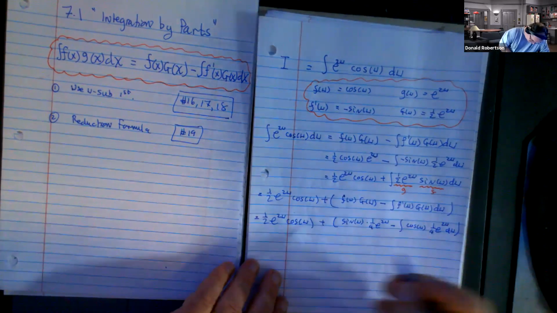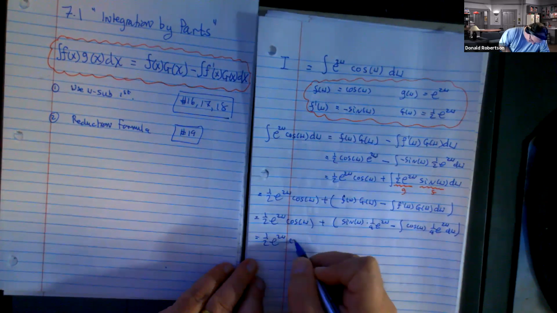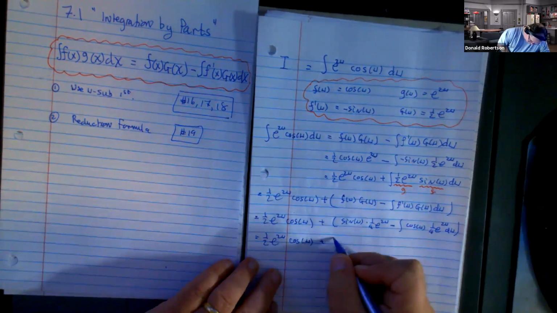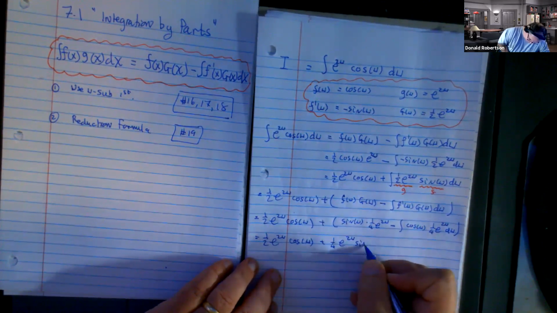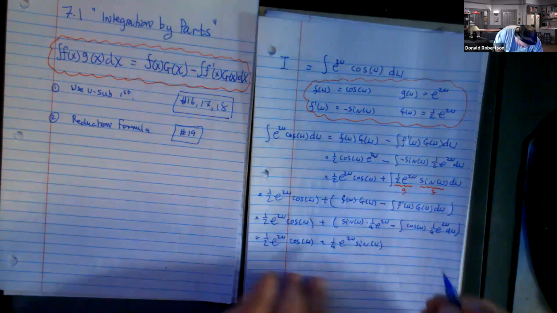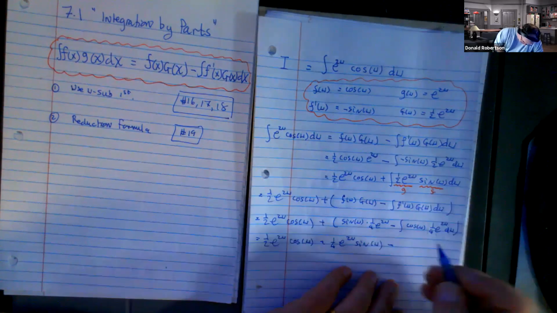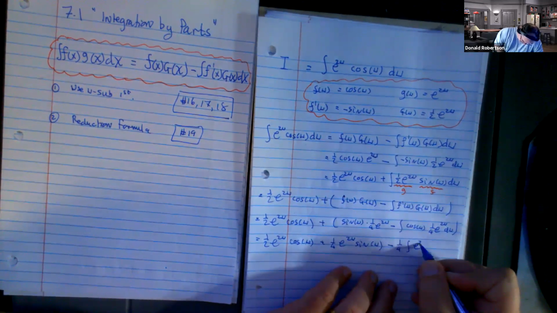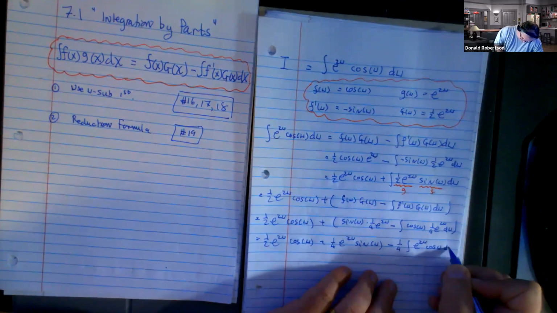So what I'm now going to do is make it look a little bit prettier. This guy can be written as 1/4 e to the 2u sine u. Take away, I'm going to bring this 1/4 out. And what I'm going to be left with is e to the 2u cosine u du.